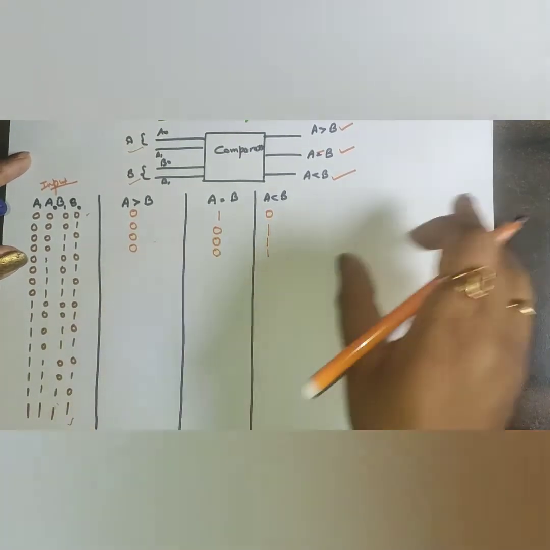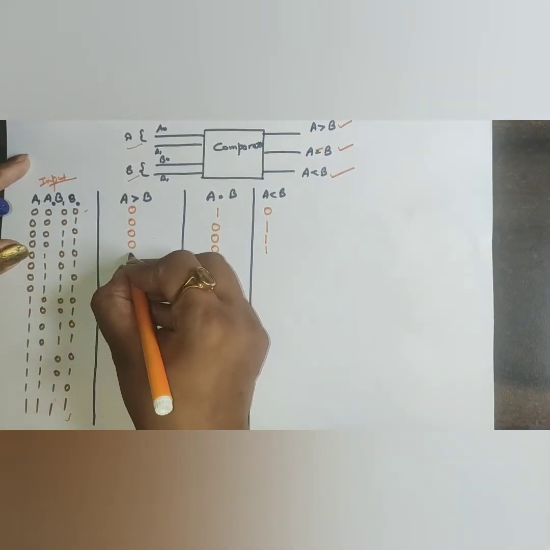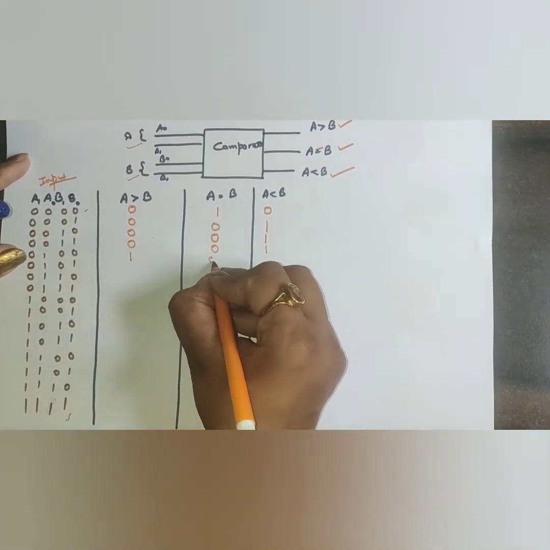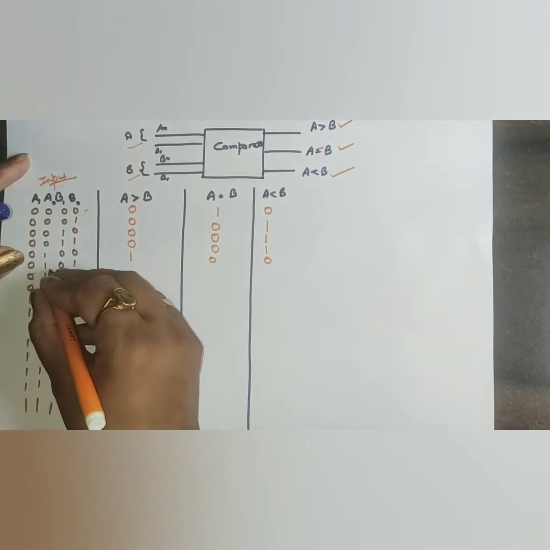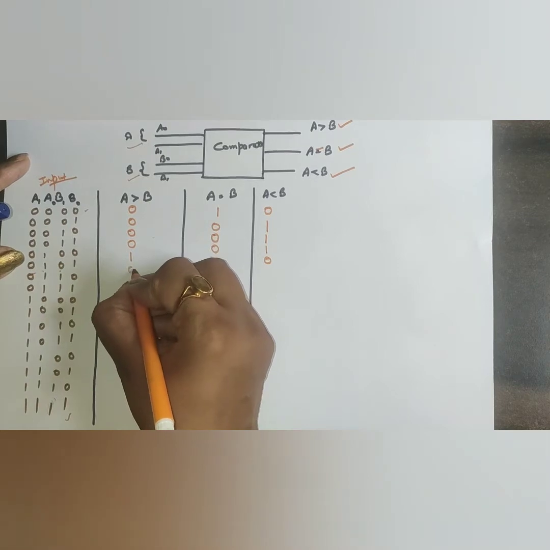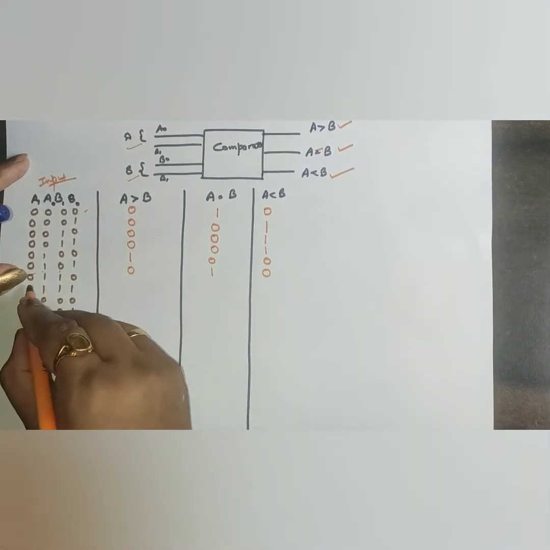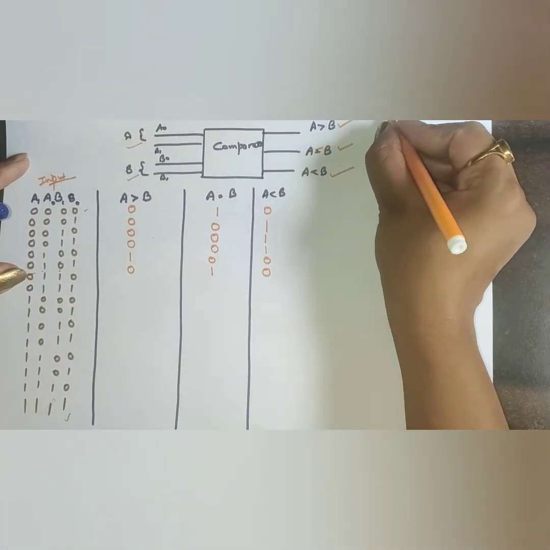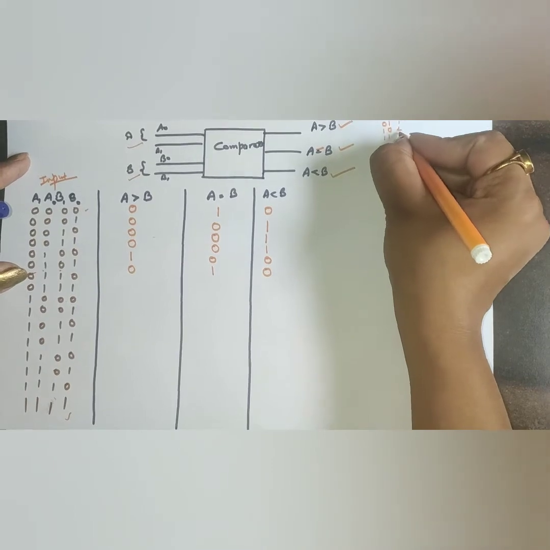Now 1 0 0 0, in this condition A is greater than B, and the others will be 0. Now 0 1 0 1, you can check: this will be 0, this will be 1 and this will be 0. Now 0 1 1 0, you can check: 0 0, 0 1, 1 0, 1 1, so 0 1 2 3.